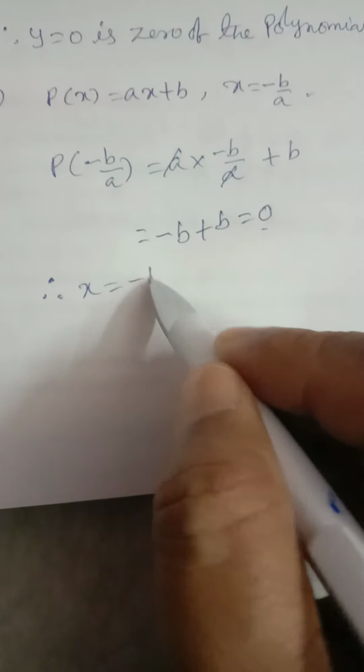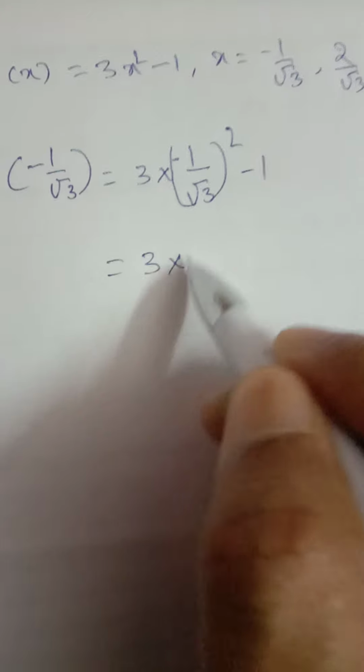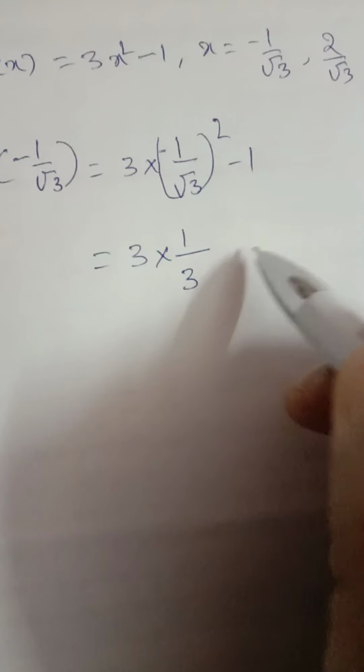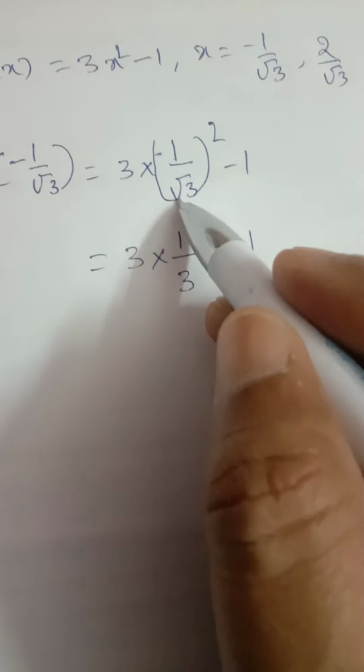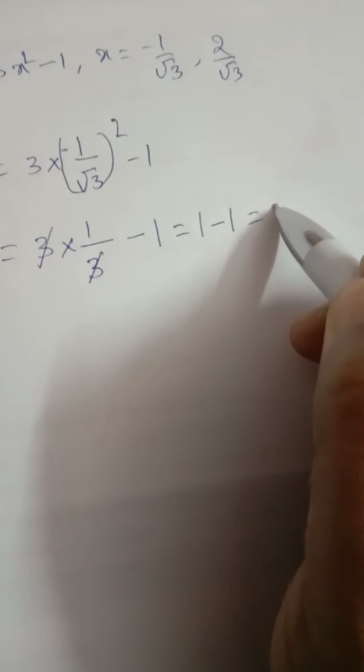So f of minus 1 by root 3 is equal to 3 into (minus 1 by root 3) whole square minus 1, which is 3 into 1 by 3 minus 1. 3 cancel, is equal to 1 minus 1, which is equal to 0.